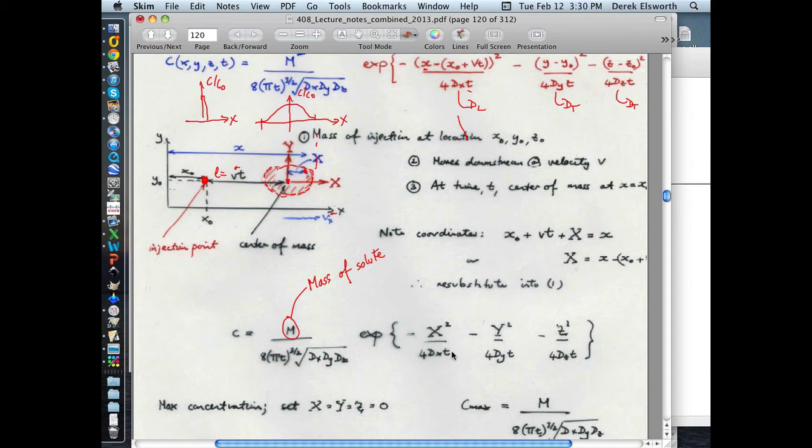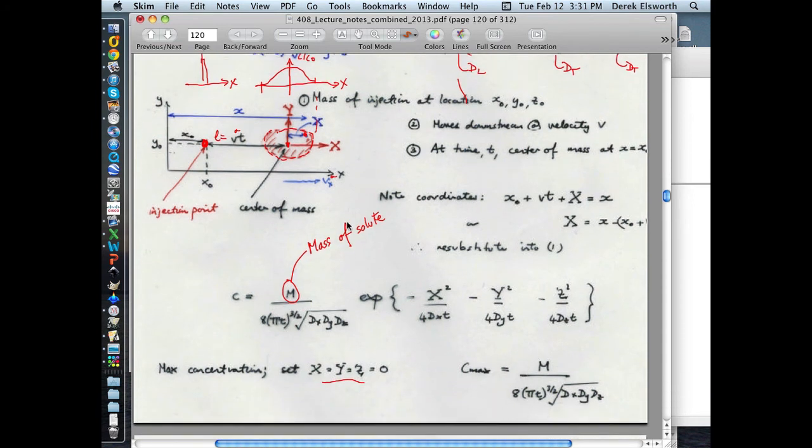So this obviously is an exponential function, so it has no dimensions. And so if you take, for instance, x equals 0, y equals 0, and z equals 0, so in other words, this case here, then the exponential of 0 is 1, and so the maximum concentration is in the center of this distribution, as you could already surmise, and it falls off to the sides from this.